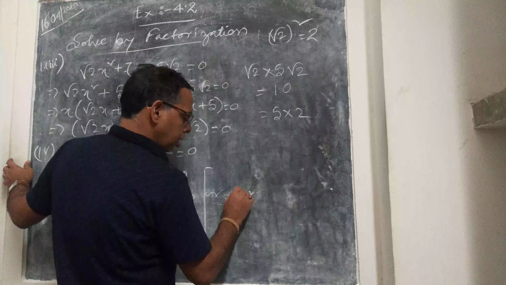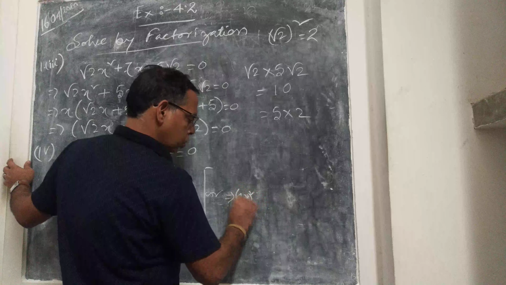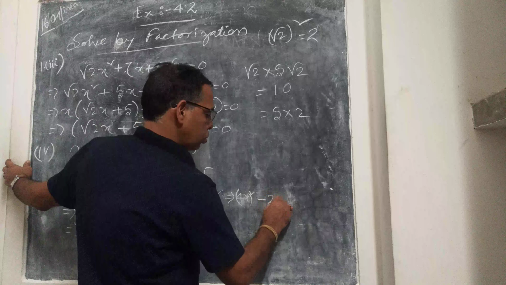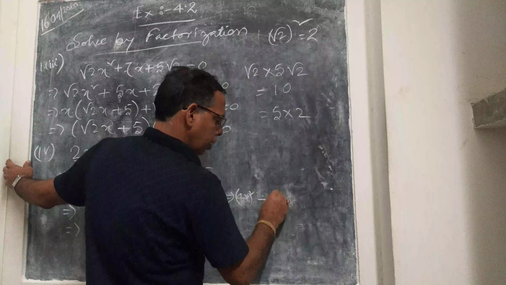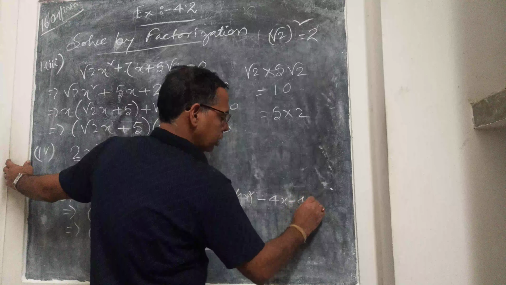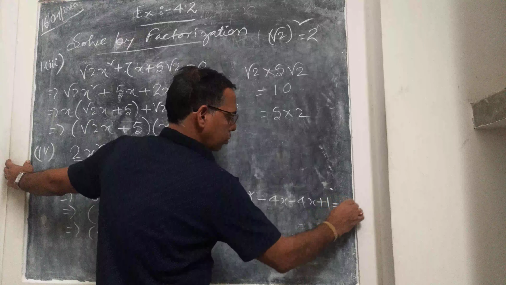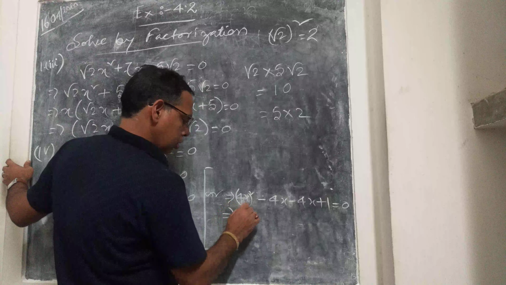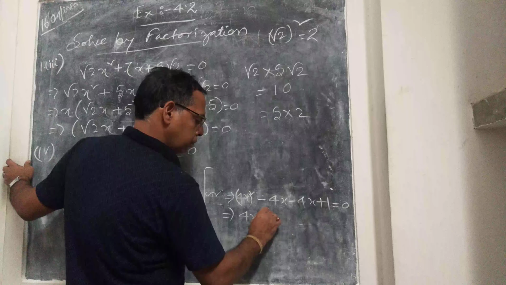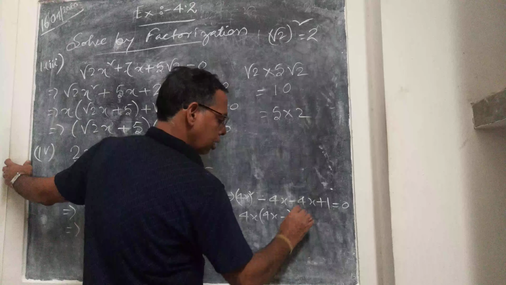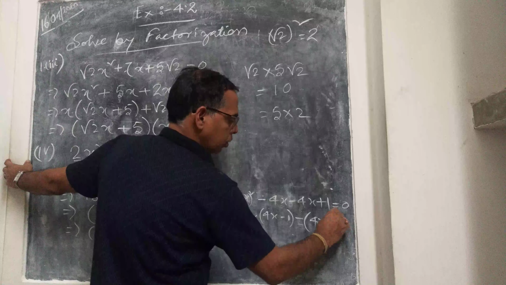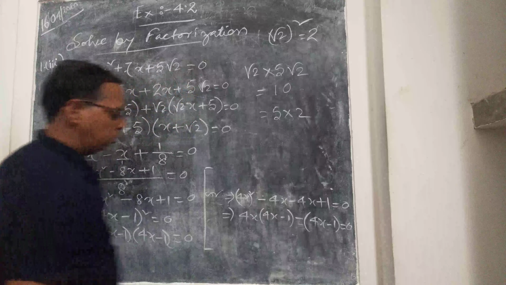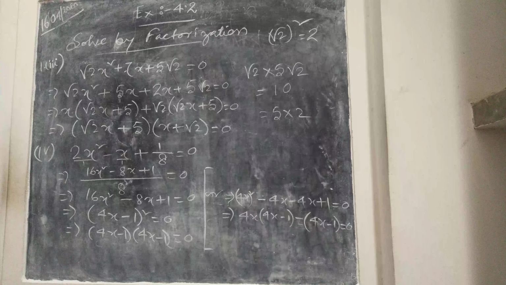It will be 4x whole square minus 2 into 4x minus 4x plus 1 equal to 0. Then you see 4x common, 4x minus 1, then minus 4x minus 1. So this way also you can do, or you can do by this method as well.